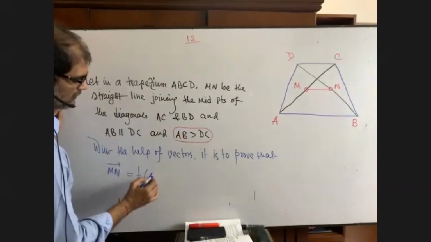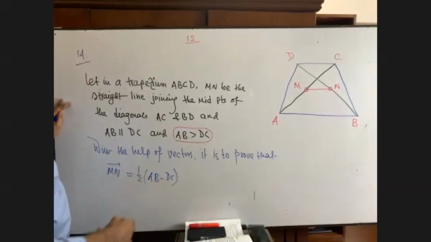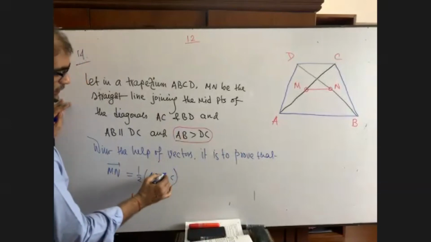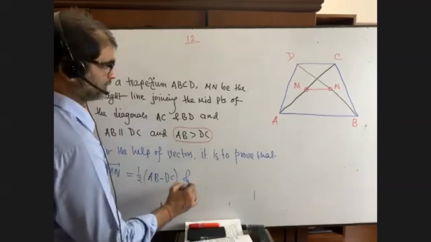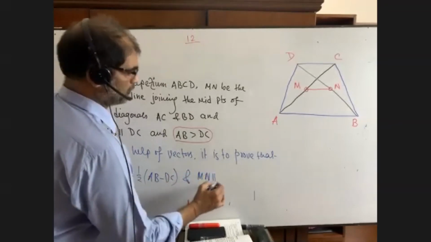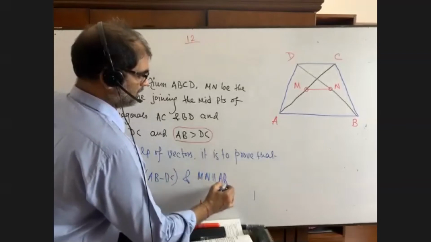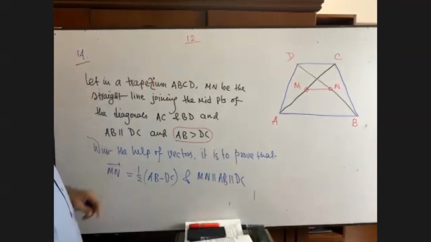So at first there is no option but to write down AB parallel DC. And MN is parallel to AB, which is parallel to DC. Please try to understand. If you fail to understand, please let me know.